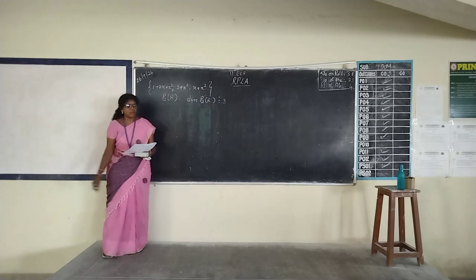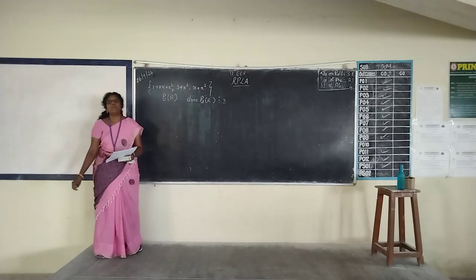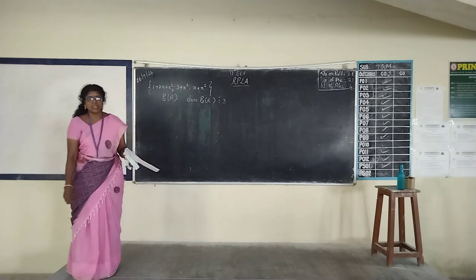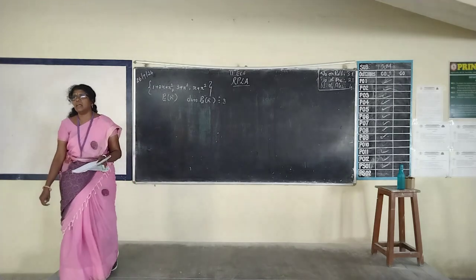What is the type of elements given here? Polynomials. It is given as a set of polynomials. Previously it was a vector. Now we are going to discuss a problem based on polynomials.